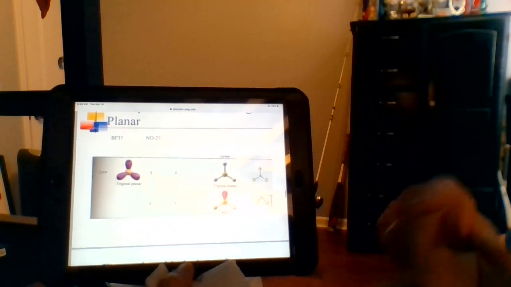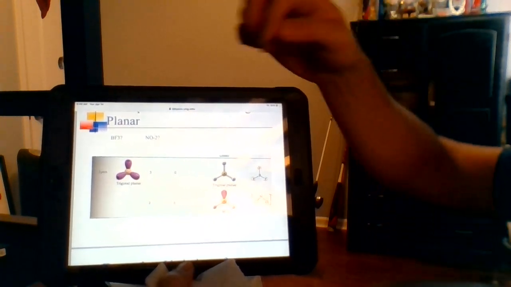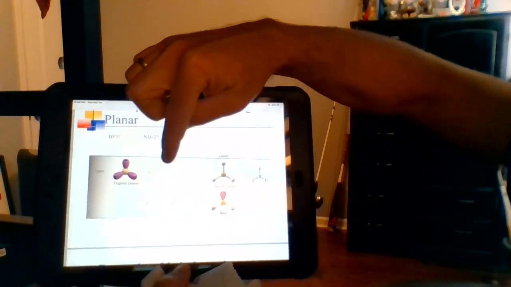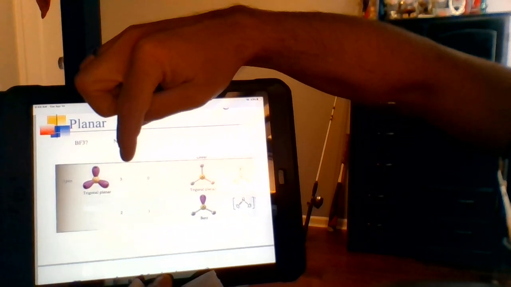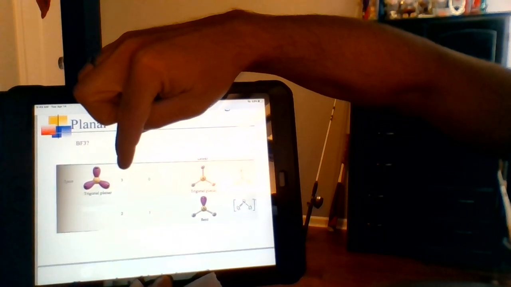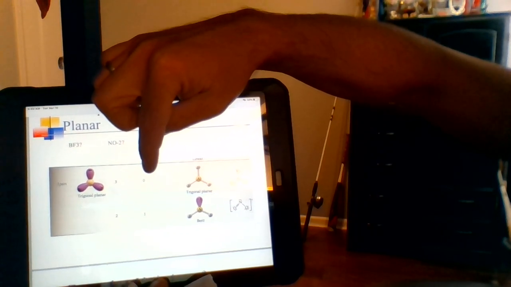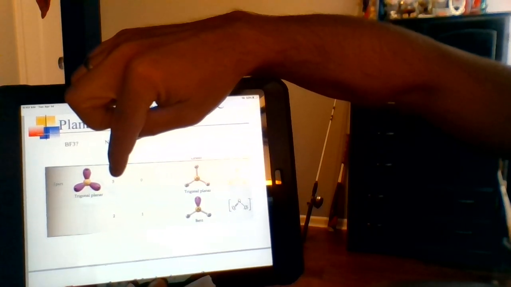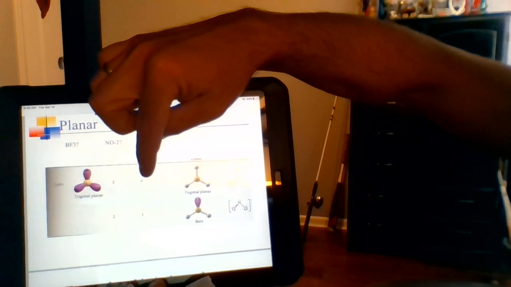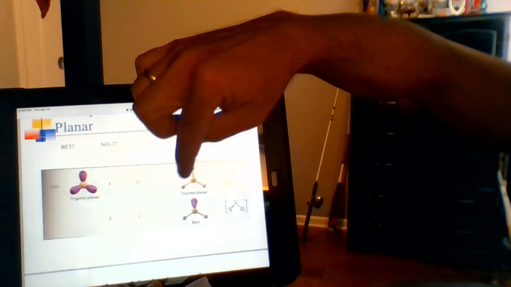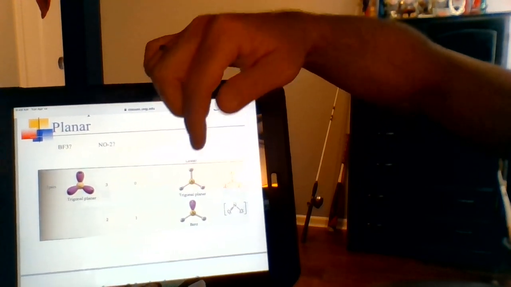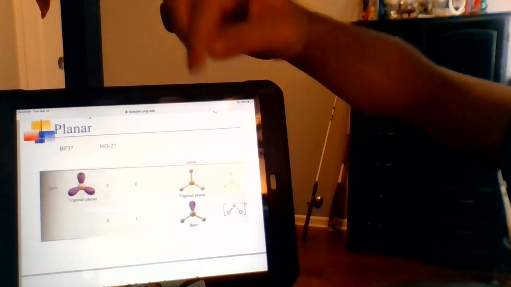So if I have three groups, how could I have three groups? Well, the top row of this table assumes the first number is the number of bonded atoms. The second number is the number of lone pairs on the center atom. If I have a center atom that has three bonded atoms and no lone pairs, then the molecule is going to look like this, and three groups is always trigonal planar.